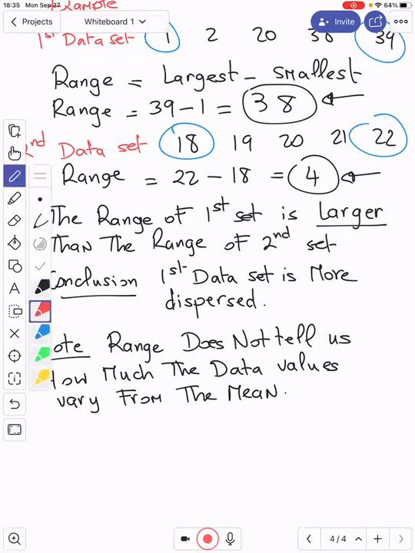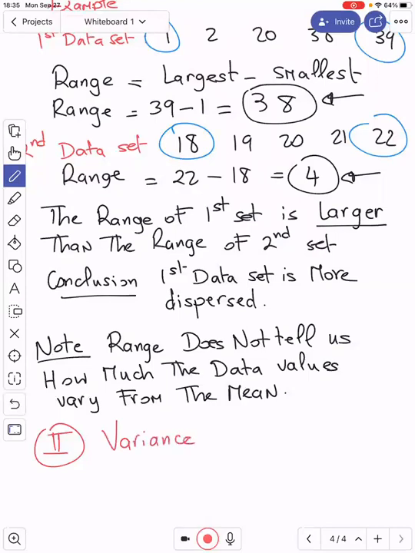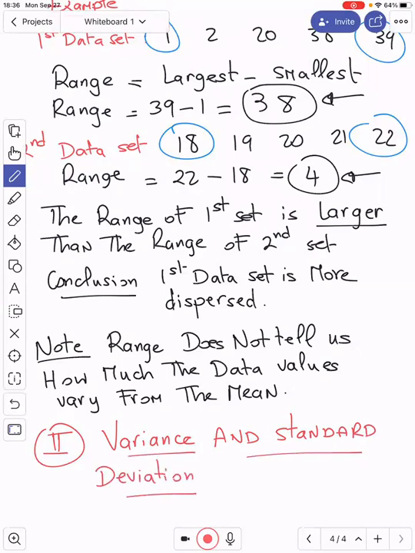So number 2: the variance and standard deviation. The idea, guys, is that the variance or standard deviation gives a measure of the deviation of the data from the mean.